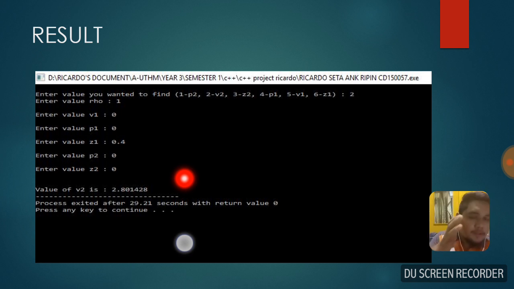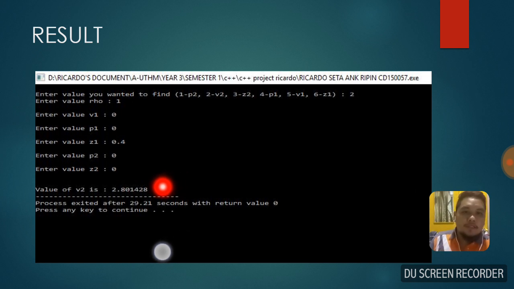This is a very simple and easy step where you just plug the values into your program. As you can see here, we get the velocity 2 equal to 2.801428 meters per second.